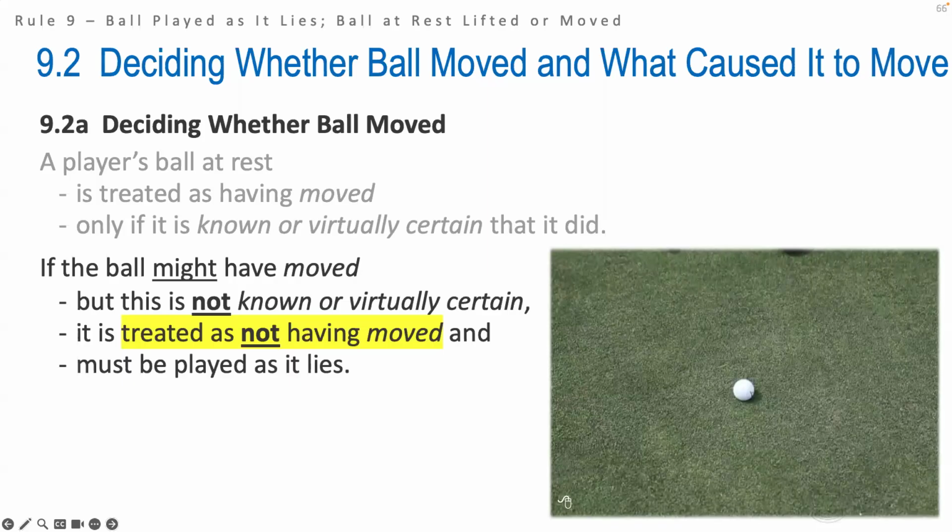So it kind of stinks, but as long as this information does not come to the attention of the players before A makes the next stroke, A does not get a penalty from playing from where their ball came to rest after being struck by player B's ball. So these are just two different examples of when we do have knowledge or virtual certainty and when we do not.